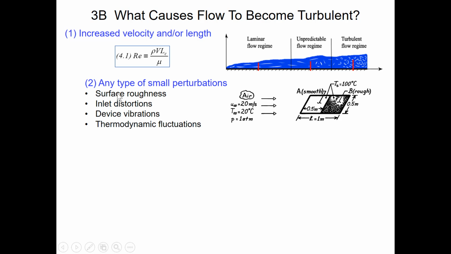The second cause is the small perturbations. It could be surface roughness or device vibration. For example, if flow passes over a rough surface, the surface roughness could trigger the laminar flow to become turbulent.